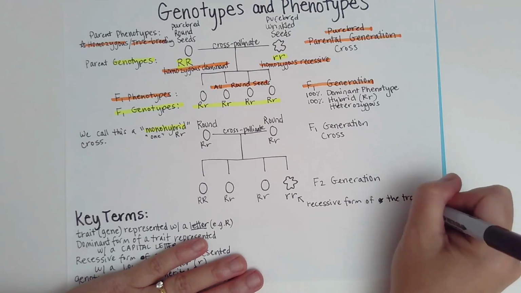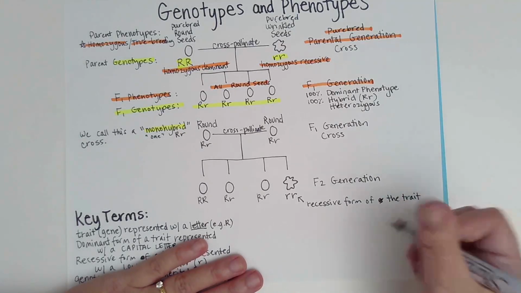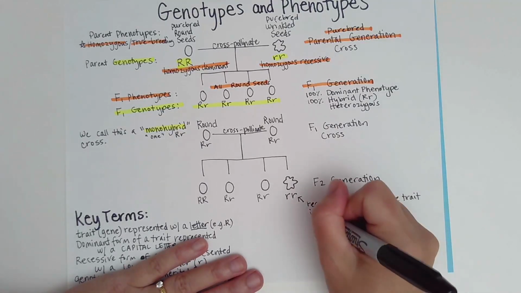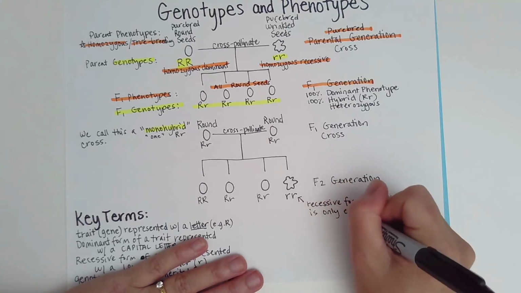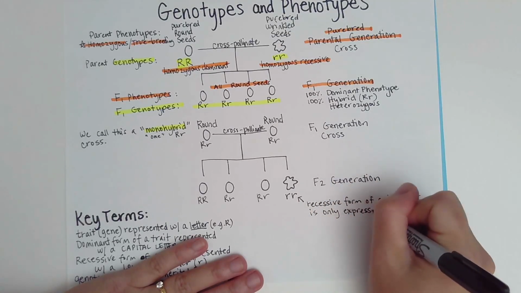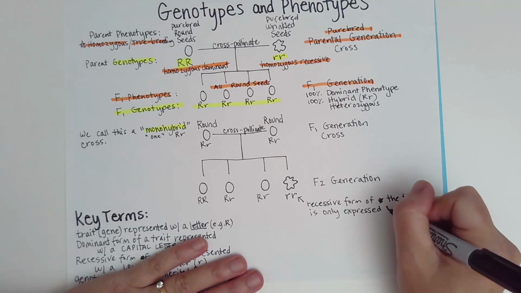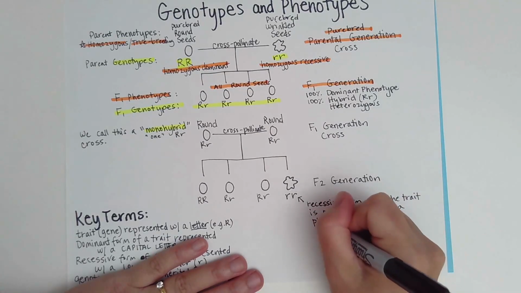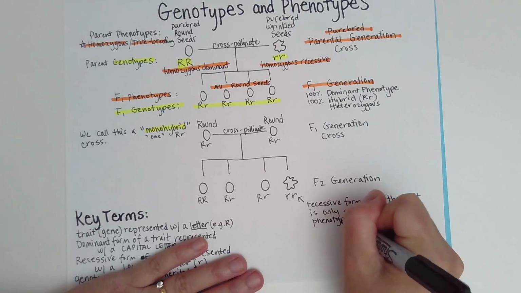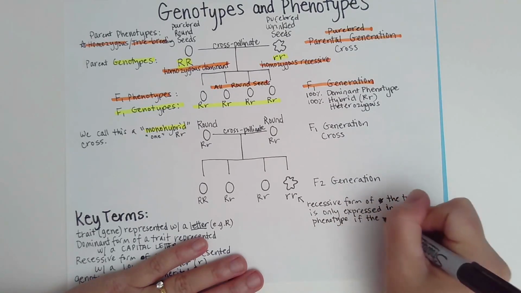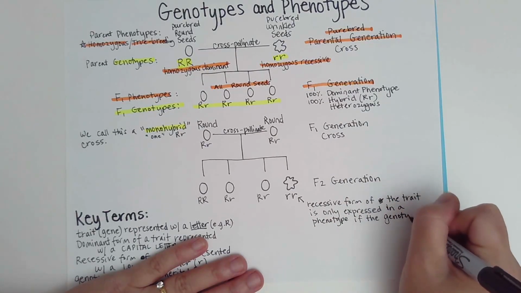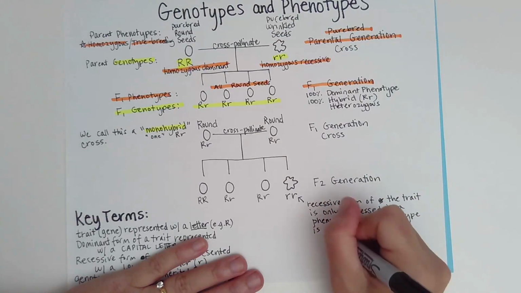The specific one we're talking about, round or wrinkled, is only expressed, and we'll say in a phenotype, if the genotype is homozygous recessive.